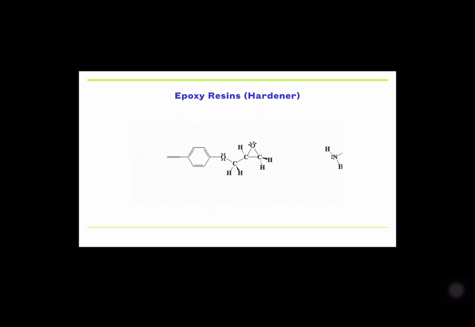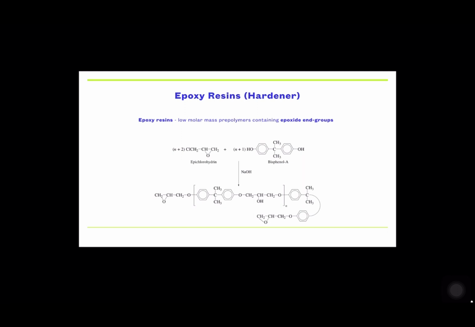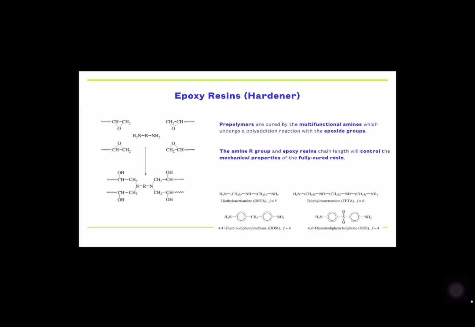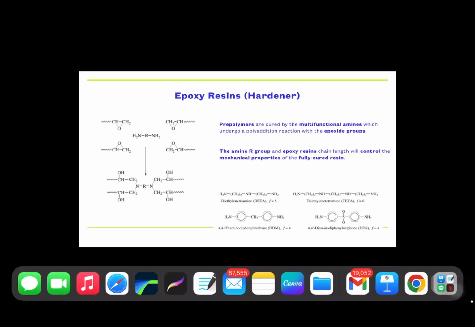After the pre-polymer, we move to the hardener. The hardener usually has the amine group that we're going to use to break down those epoxides.